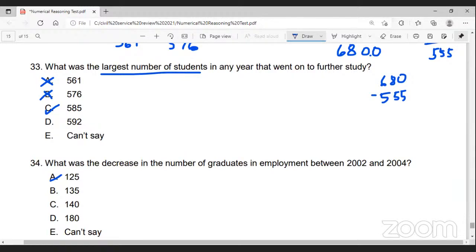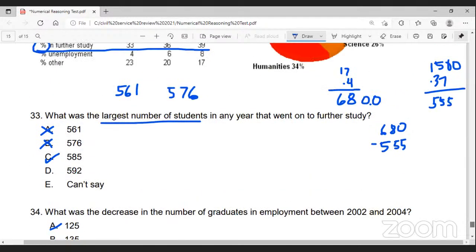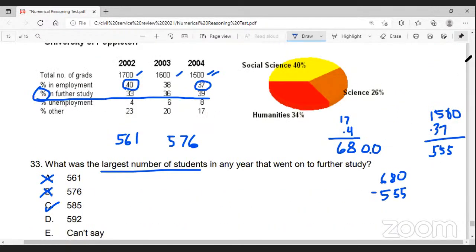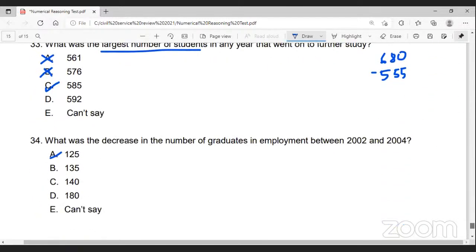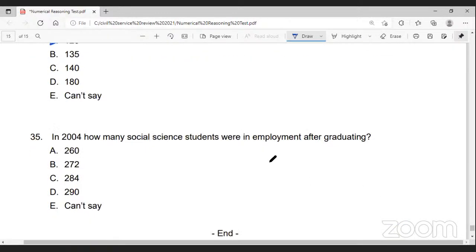This one is just being aided in the problem for you to answer this question. But I will just leave this to you: in 2004, how many social science students were in employment after graduating?